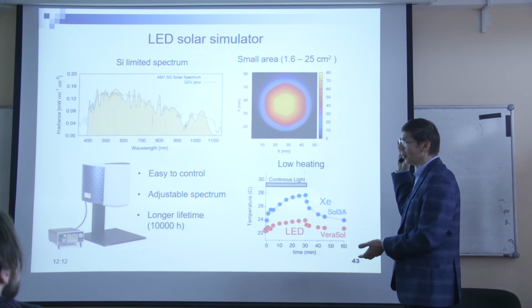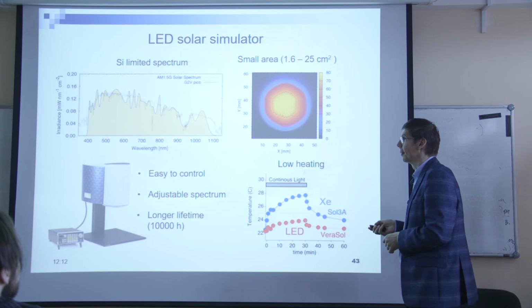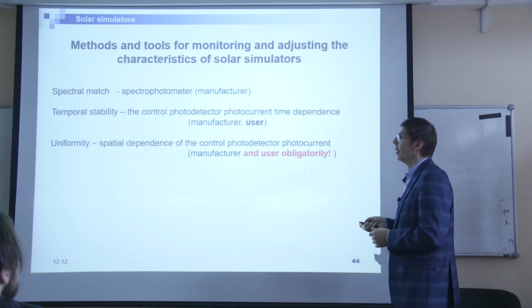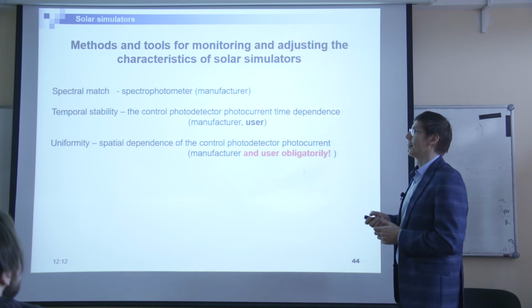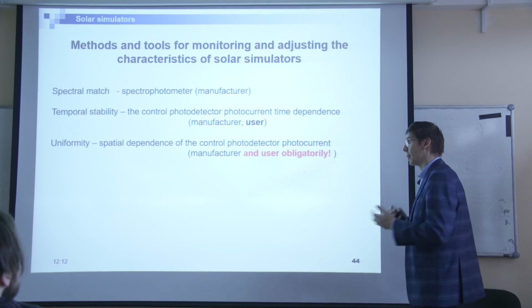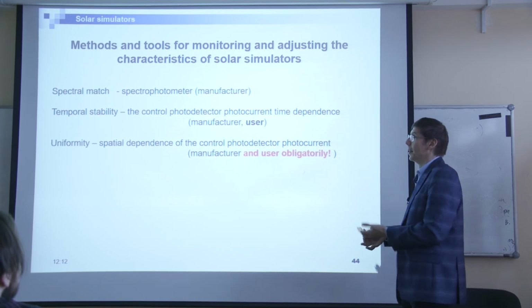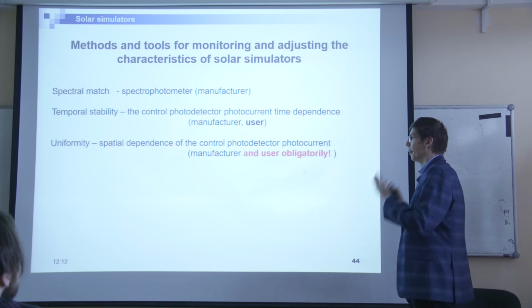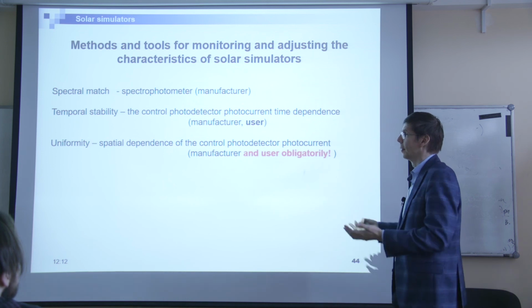It's one order of magnitude higher in price, so you see it's a nice thing. And normally it's a question of the manufacturer, so you can just believe the manufacturer that the spectrum really corresponds to that which is provided.